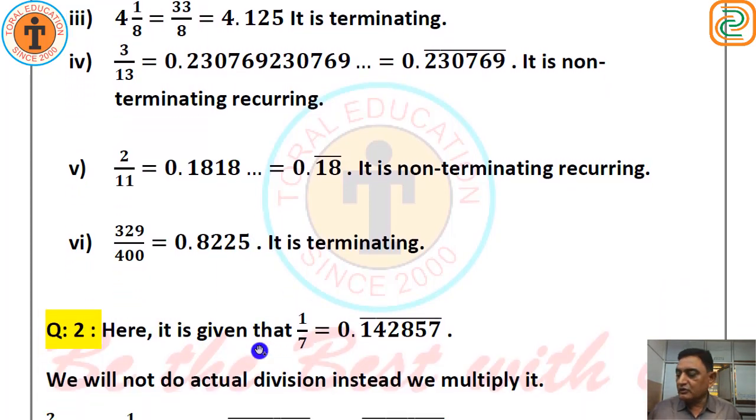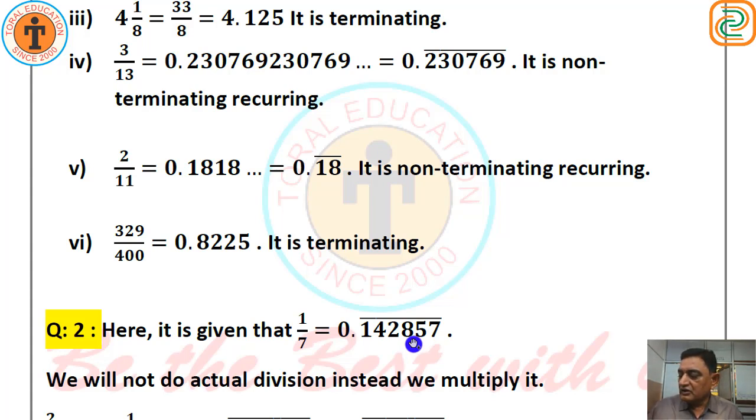Now question number 2 is, you know that 1 upon 7 is equal to 0.142857. Right? 142857 repeats.